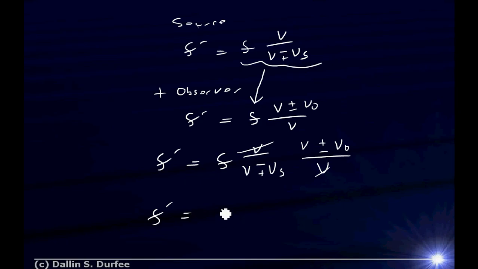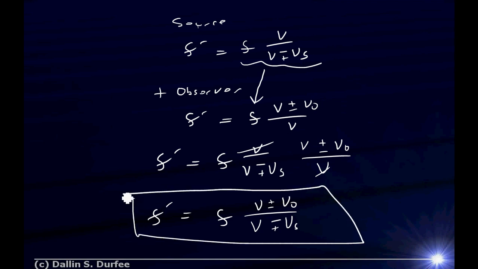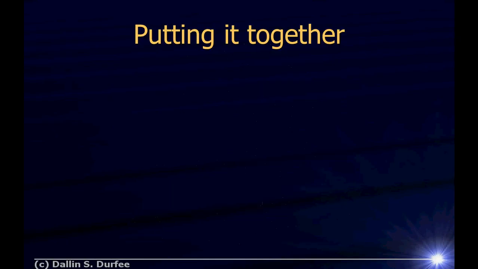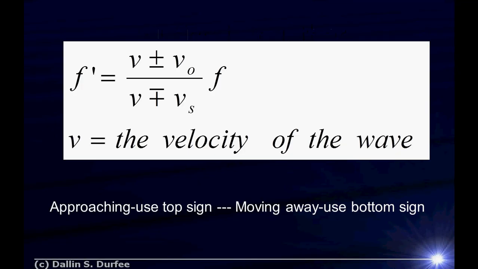And we get the entire equation, which is good if the source is stationary, if the observer is stationary, if they're both stationary, if neither is stationary. And so that's where the equation comes from. There it is, the Doppler shift. So remember, approaching, use the top sign. Moving away, use the bottom sign.